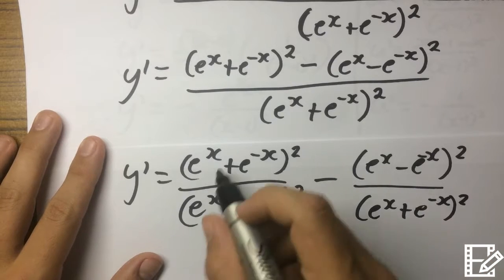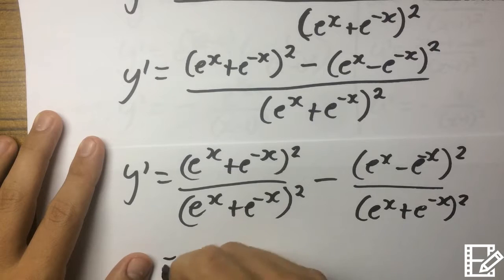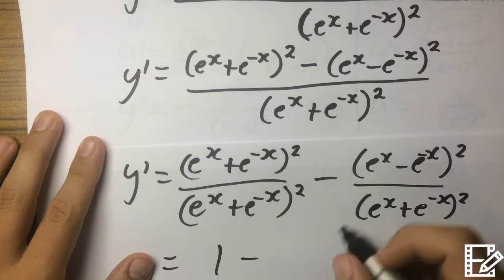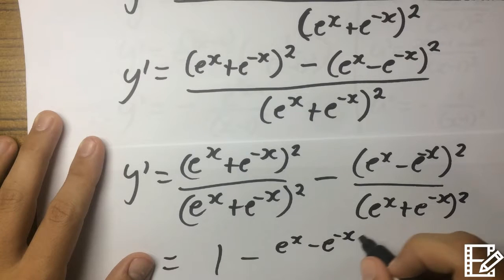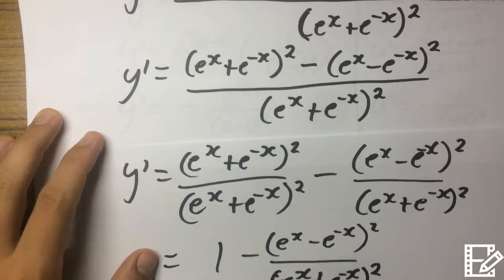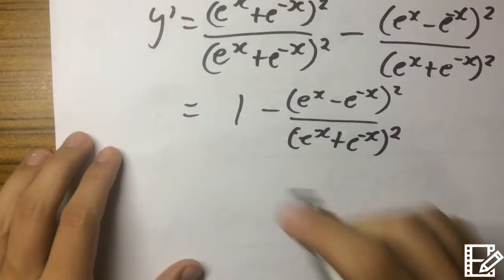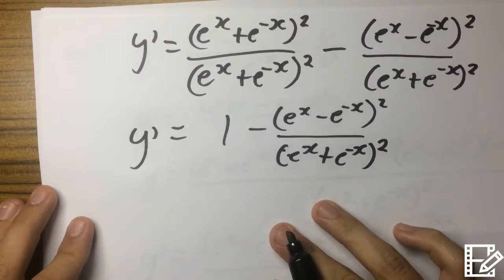This equals 1 because it's the same thing over the same thing. They're the same as each other. So that becomes 1 minus e to the x minus e to the -x squared over e to the x plus e to the -x squared. And there is your answer, your derivative.